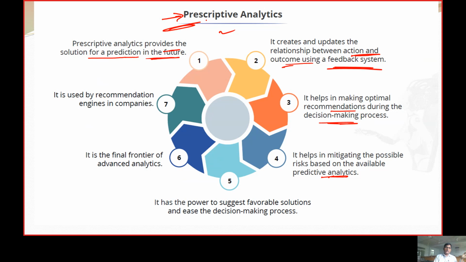So the first stage was providing solutions to the predictions for the future. Second, we made a relationship between actionable outcomes and the actions. We made a feedback mechanism for whether they are correct or not. Third, it helps with decision making.